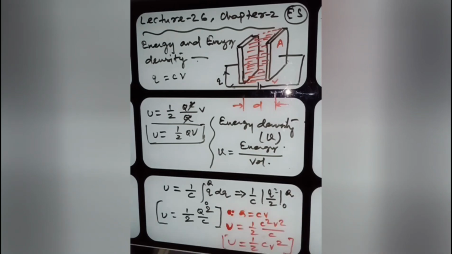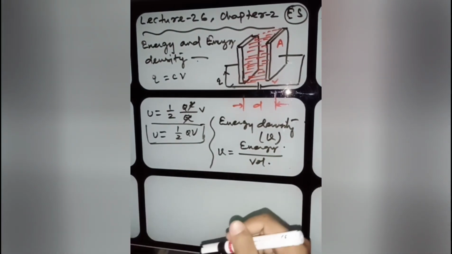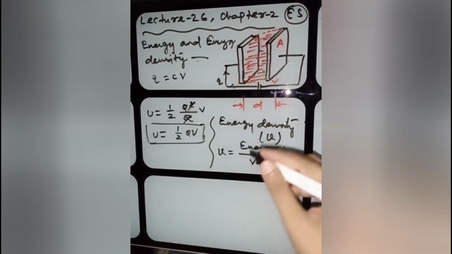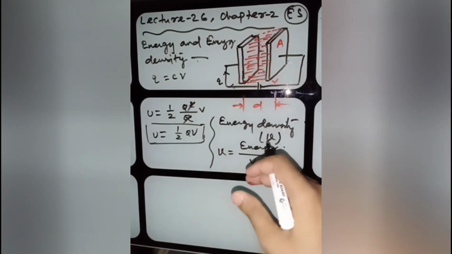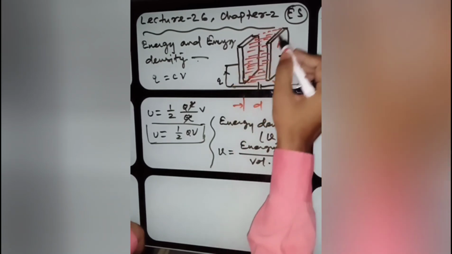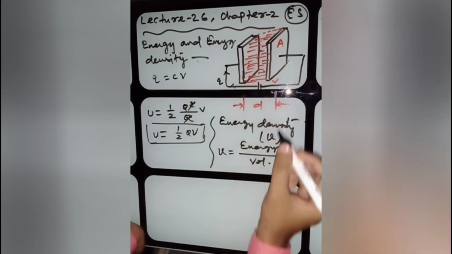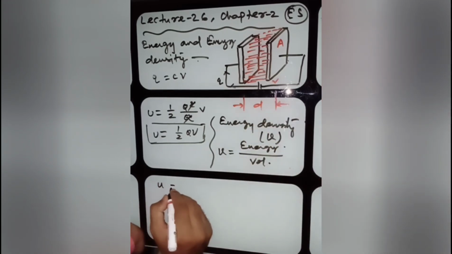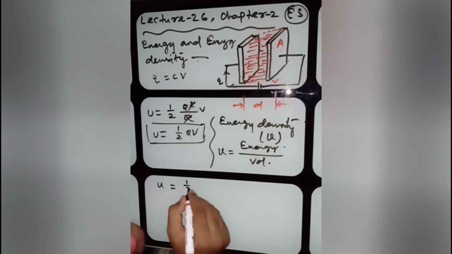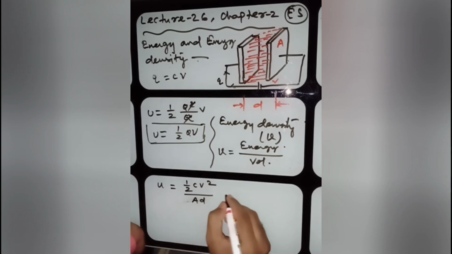Could you tell me, my dear student, what is the volume of the capacitor? In which space is this capacitor storing the energy? Yes, actually this capacitor is storing the energy in a volume. A is the plate area and the distance is d, so the volume will be A times d, and the energy density is the energy, half C V square, divided by A into d.